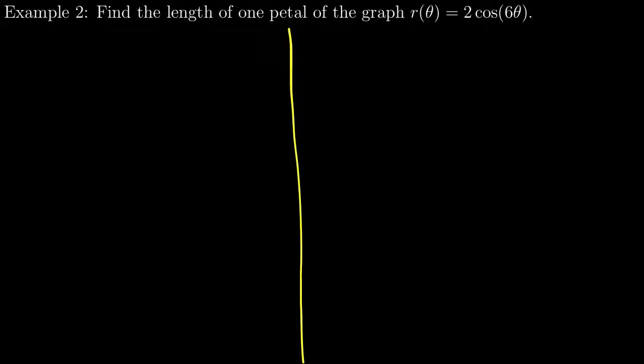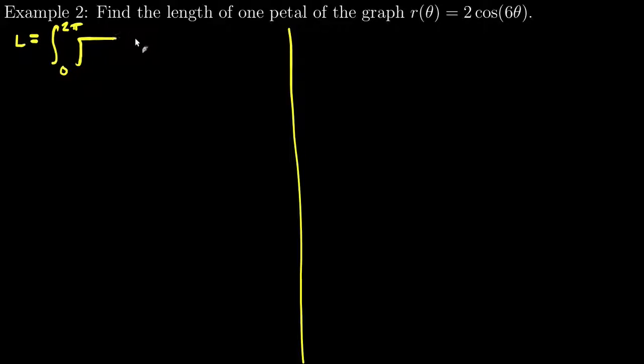So the first option is to just find the length of the whole curve. The length of the entire curve, since I have a 6 theta, an even number of theta, goes from 0 to 2 pi. If I had an odd theta, like a 5 or a 7 theta, it would just be 0 to pi.